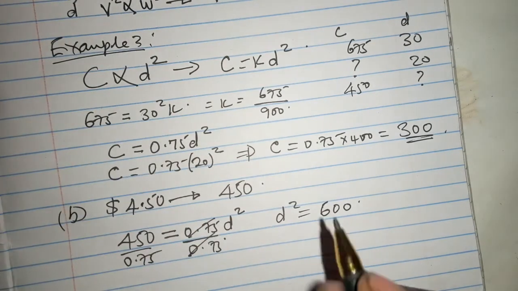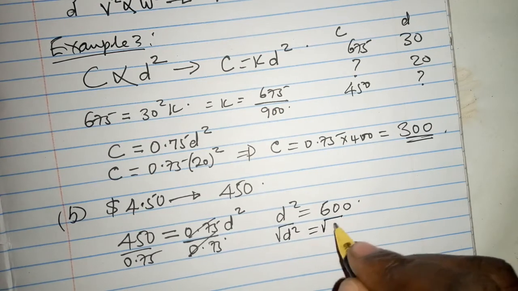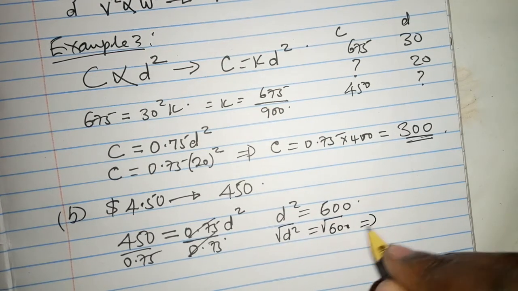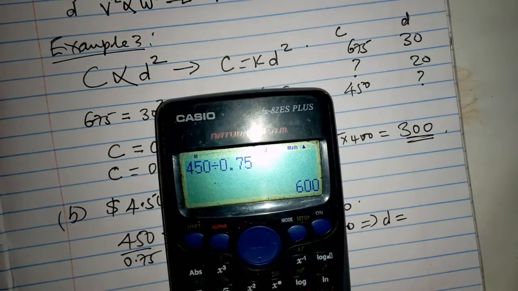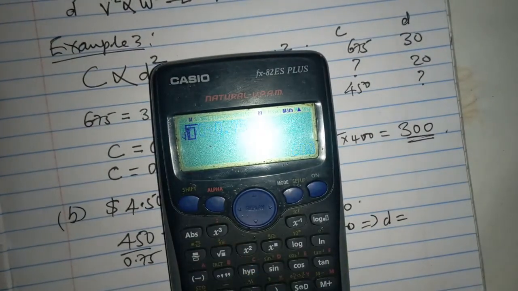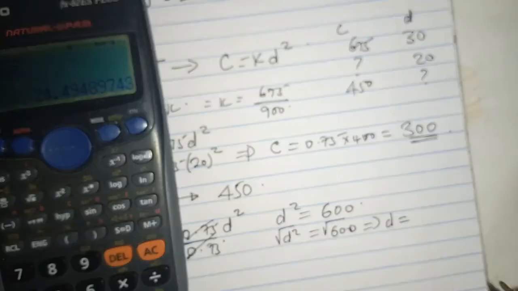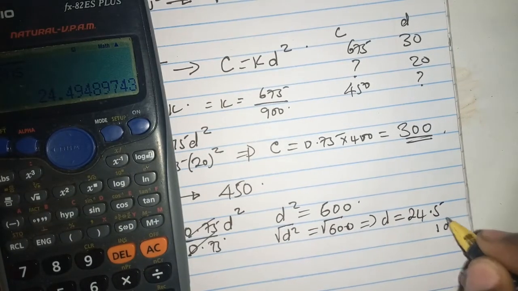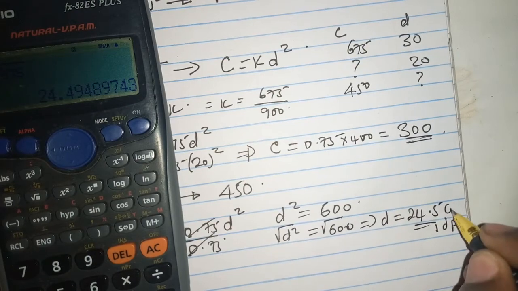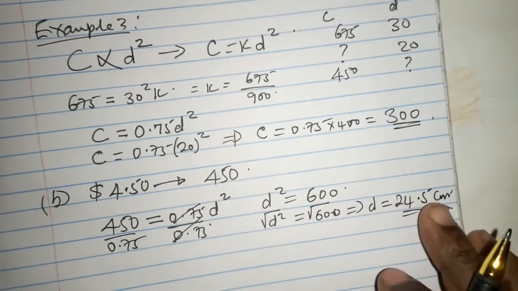To get d, we must get the square root of both sides, the square root of 600, and our d is simply 24.5. The exact answer is 10 root 6, or 24.5 to 1 decimal place. These are centimeters.